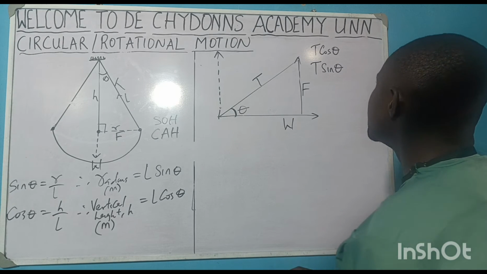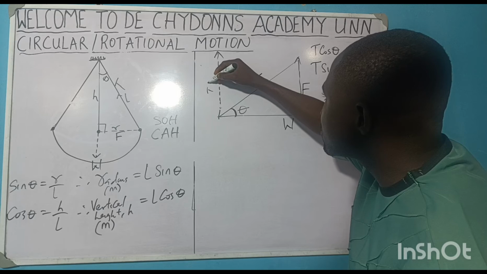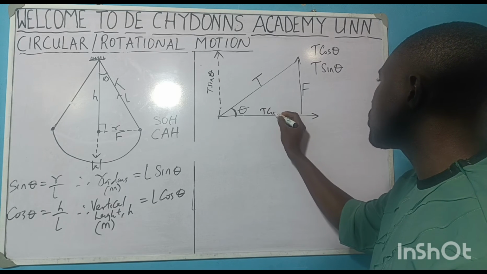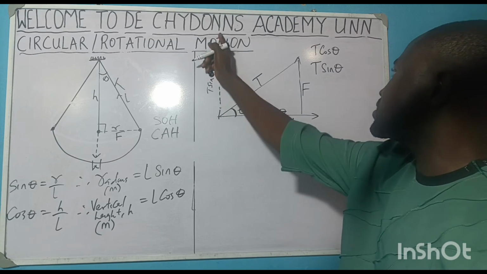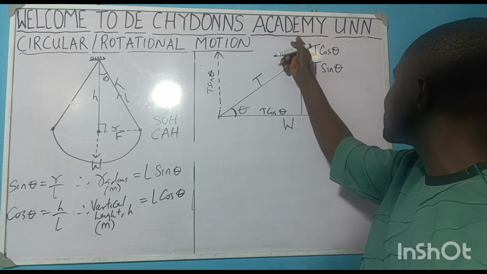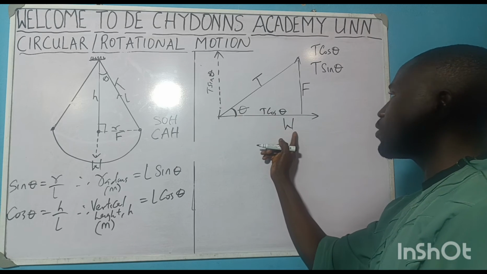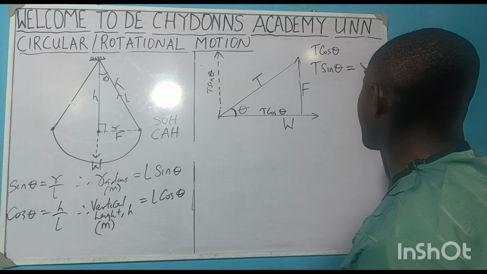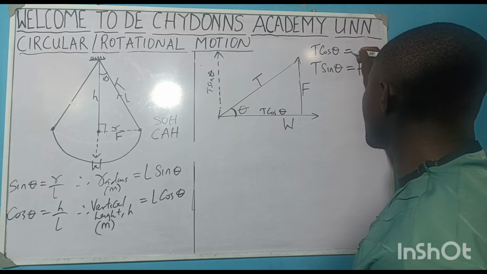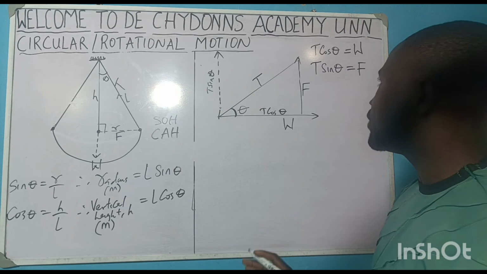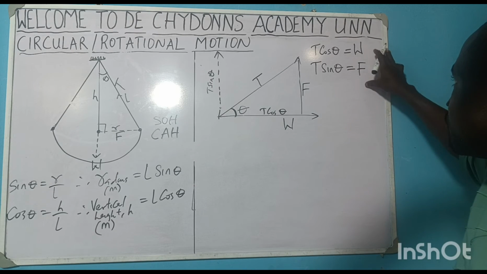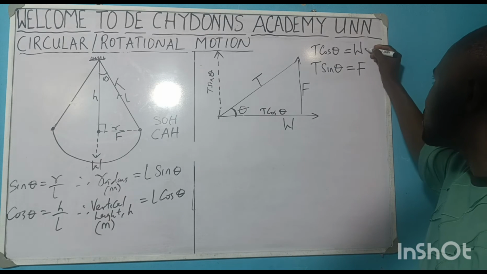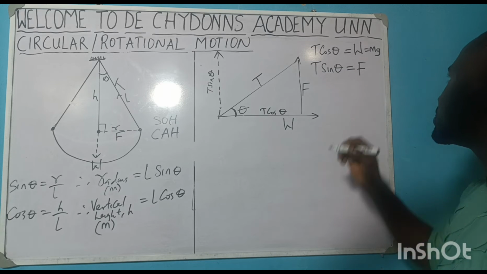Very important. Now, this is my T sine theta, and this is my T cos theta. This is equivalent to the force, and this is equivalent to the weight because they are in the same place. From this resolution, weight of a body is equal to mass times acceleration due to gravity.